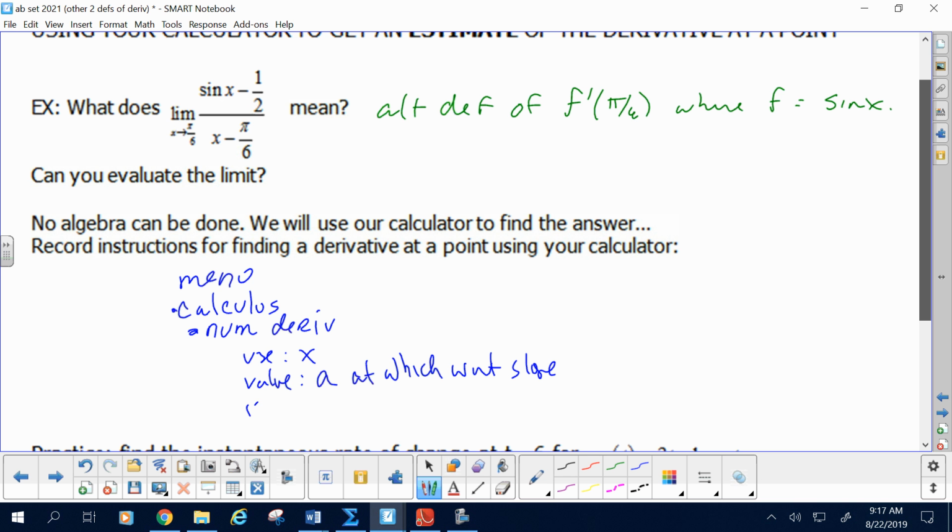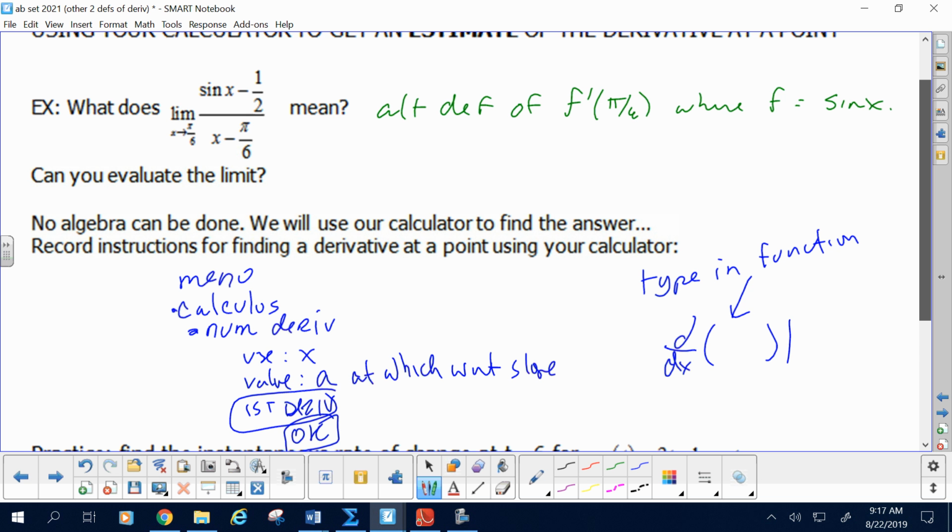And then just choose first derivative. And then OK. And then finally we typed in the function. When it says, what's the derivative of blank at x equal a, you type the function in there. You with me? And so it is approximately 0.866.